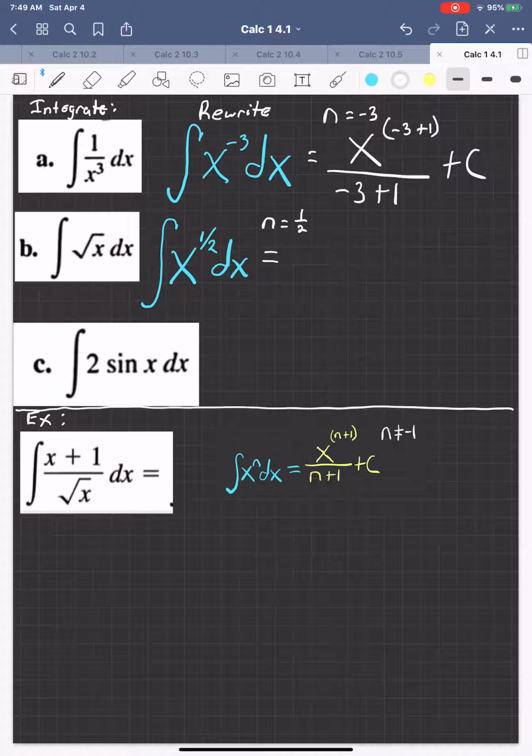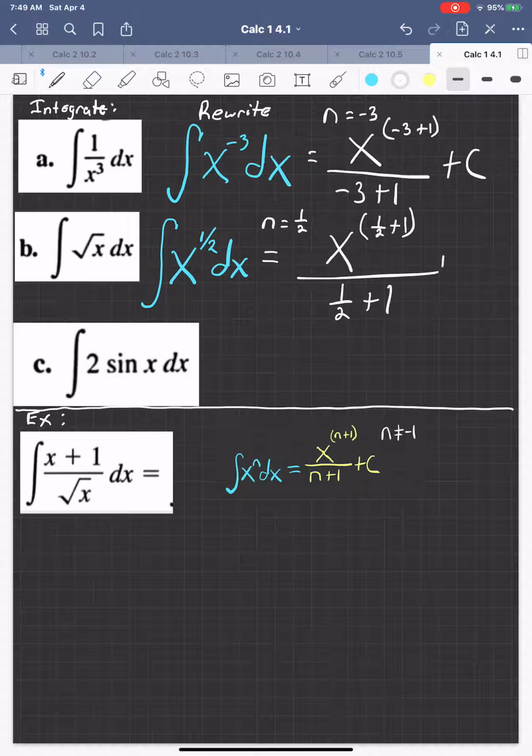So this ends up being x to the power of 1/2 plus 1 over 1/2 plus 1, plus c. All right, so again, 1/2 plus 1 is 3/2. So that ends up being x to the 3/2 over 3/2.